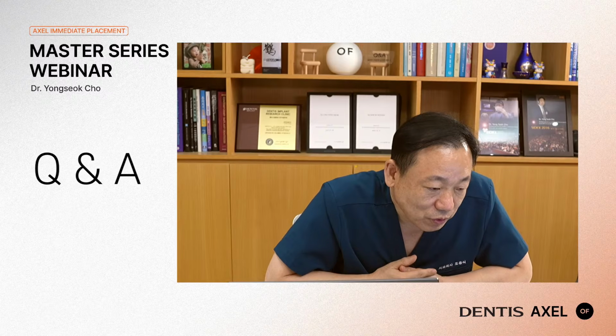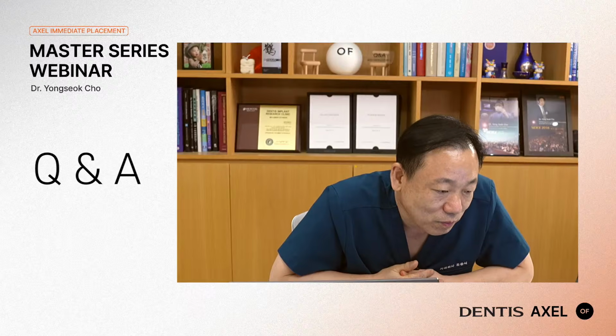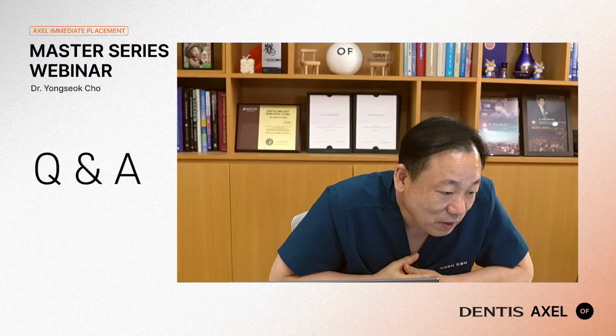Is it true that in an immediate case we always need to place the implant more lingually to reach more bone surrounding the implant? No, not really. It depends on the anatomic condition of the root. Think about the position of the root in an immediate case.